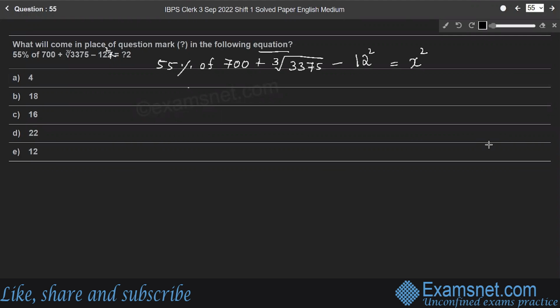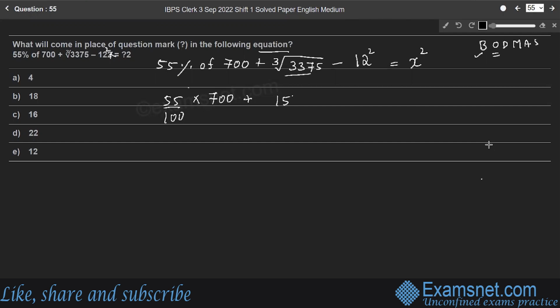Find the value of x. So again by BODMAS rule, let us start with the of part, since there is no bracket to remove here. 55 by 100 into 700 plus cube root of 3375 is 15.